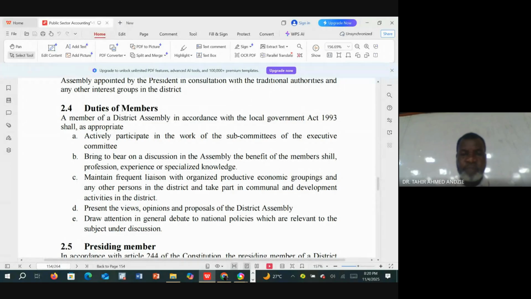Assembly members are supposed not to be partisan. They are appointed or elected on a non-partisan basis, but they themselves at the end of the day align themselves with politics, and so even though they are not supposed to be appointed on political lines, at the end of the day that's what happened.